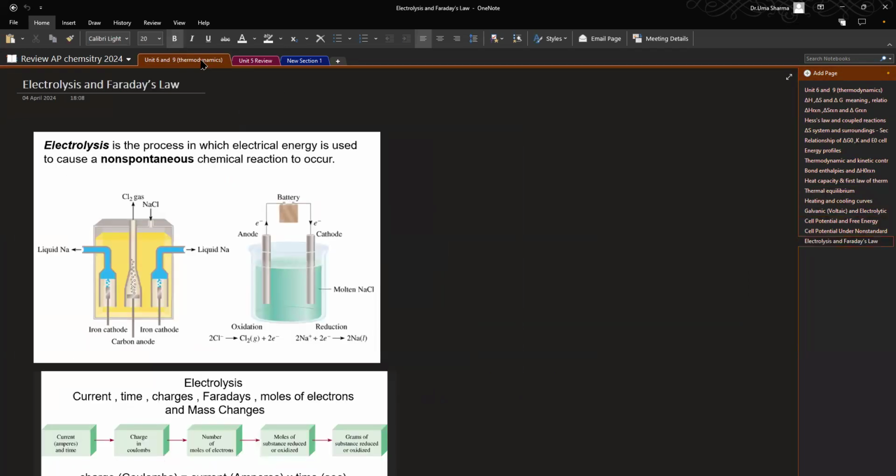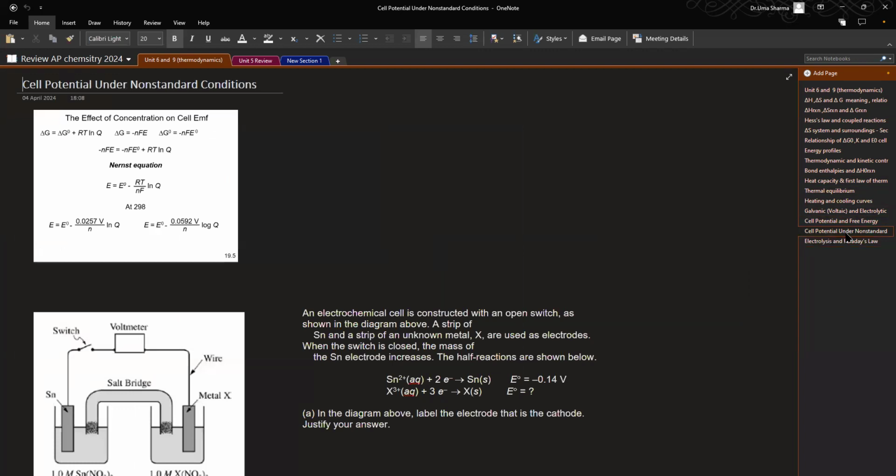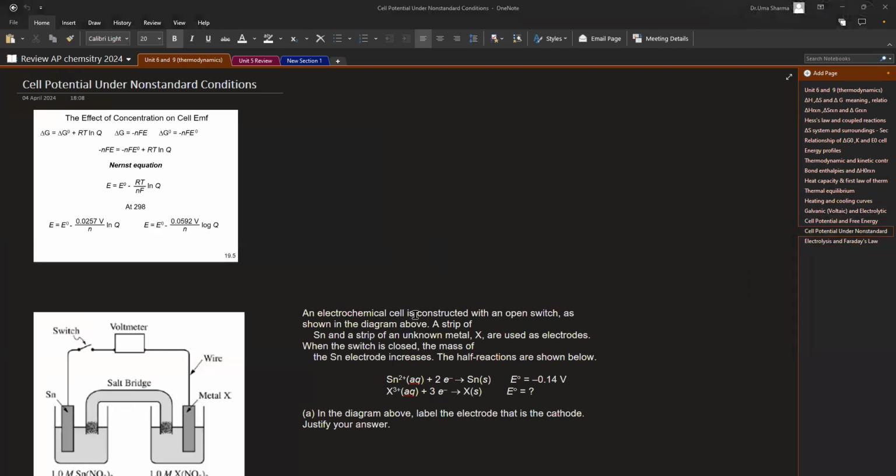Okay, so let's start with cell potential under non-standard conditions. You already know how to calculate cell potential under standard condition. You know the meaning of standard conditions.